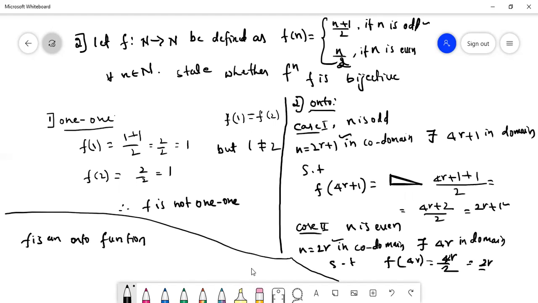If I want to say it is bijective, it should be one-one and onto. But here it is only onto, it is not one-one. Therefore, f is not bijective.